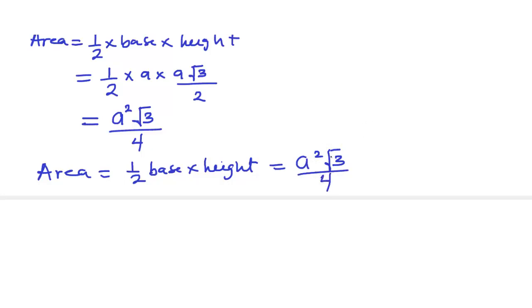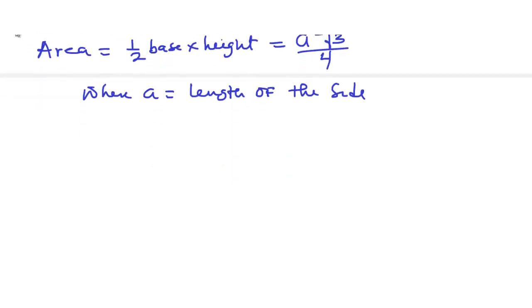Now, don't forget that this is only valid for an equilateral triangle, where A is the length of the side, because the sides of an equilateral triangle are of equal length. All right, so that is that. For instance, if a question asks what is the area of an equilateral triangle of side length 4, we know that A is equal to 4.